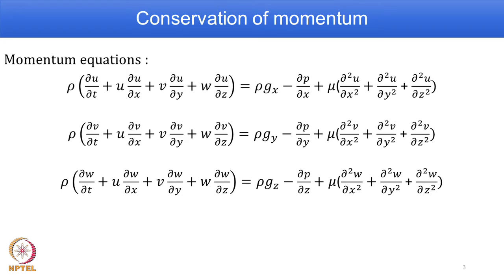We know this is also called the Navier-Stokes equation. We recognize here again the first term is the unsteady term or local acceleration, and the remaining three terms are convective acceleration.